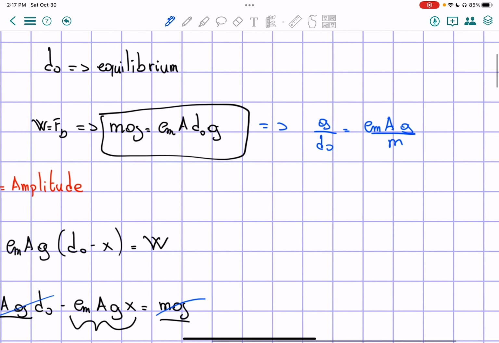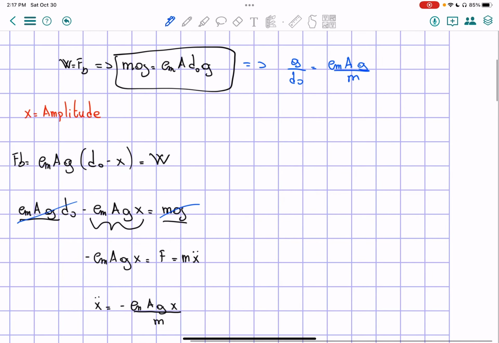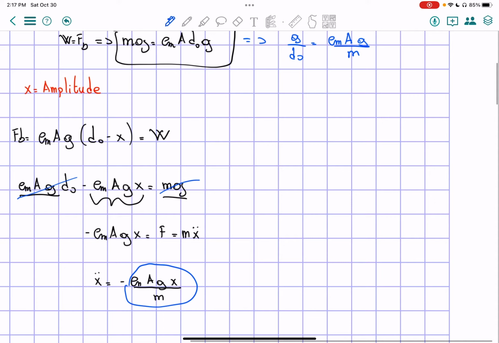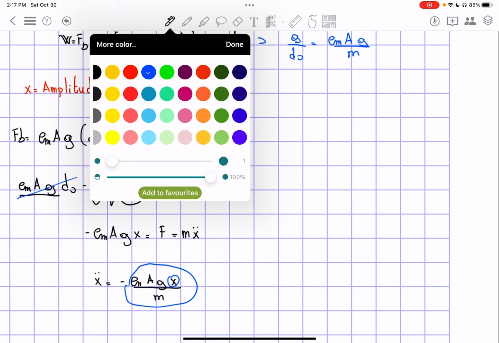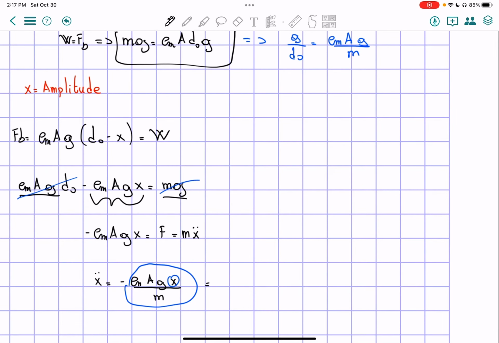Now this one looks a little weird, but if you go back and look at what we have right here, you can see why I'm writing it like that. So here we can rewrite it: the only thing that is not actually part of it is the x. So the x is the only thing that's going to be saved. So here we're going to have negative g over d naught, and then the x.